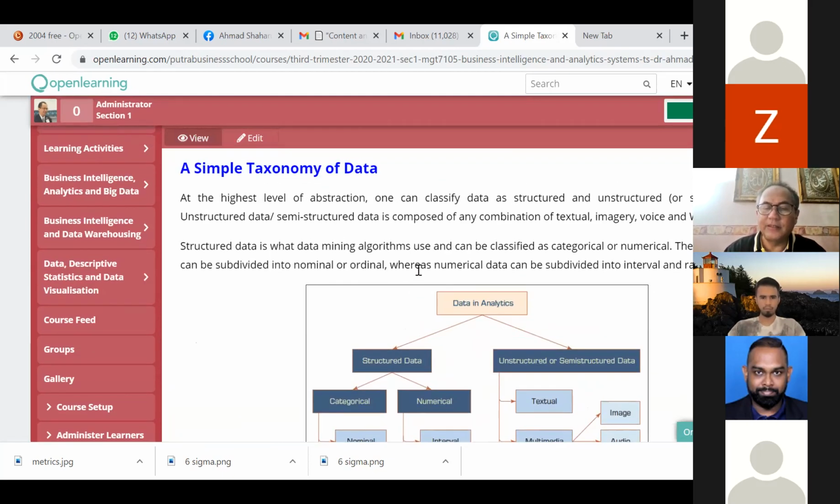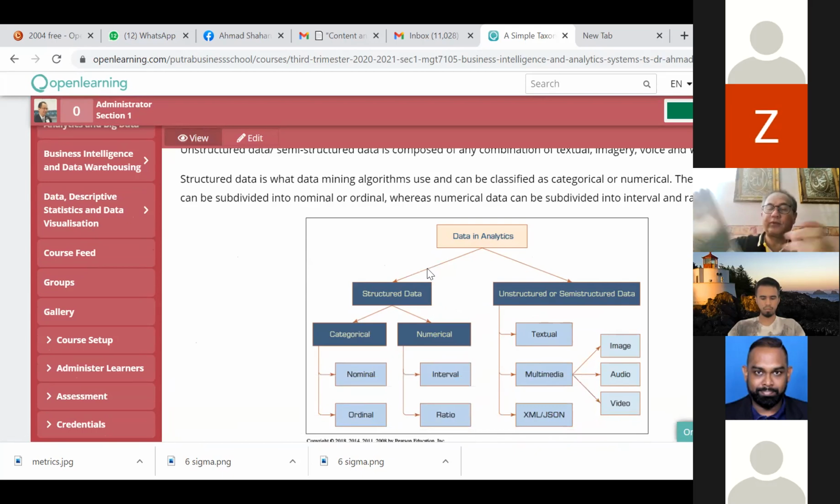First we focus on structured data, because unstructured data we will cover more in the book, chapter 5. In the book, chapter 5, we will deal more with this unstructured data.